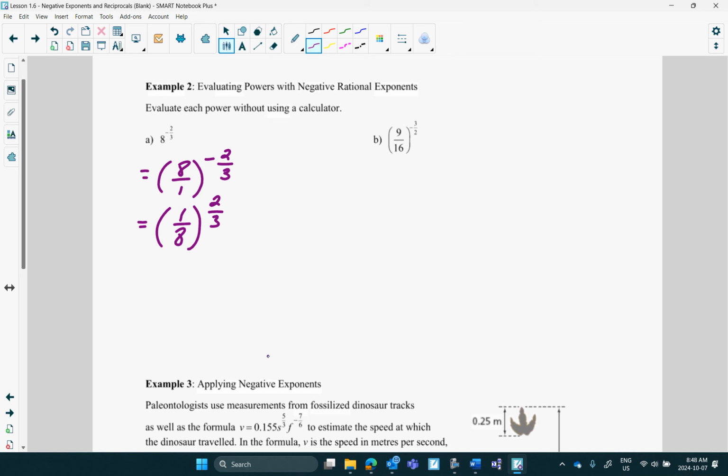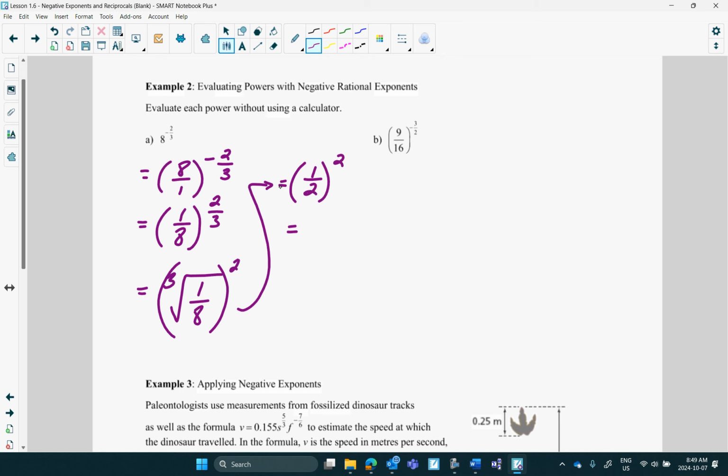And then after that, cube root of 8 over 1. Why don't you flip it? Cube root of 1 over 8. And then squared. We're going to have to square the whole thing. Excellent. So the cube root of 1 over 8 is 1 over 2, and I still have to square it.